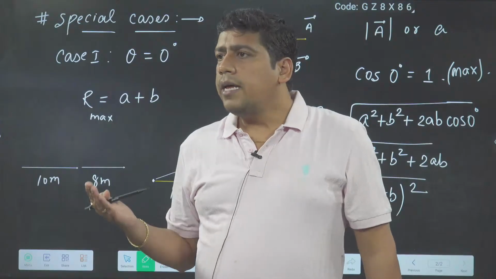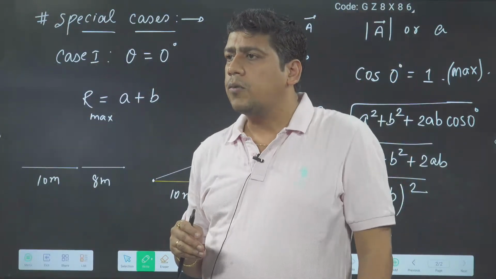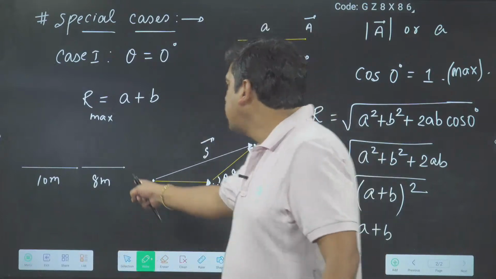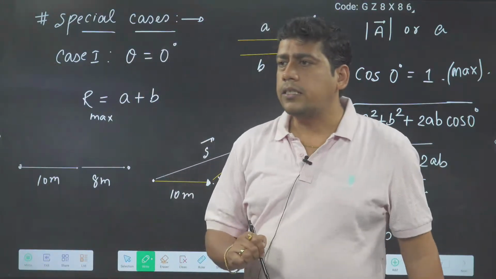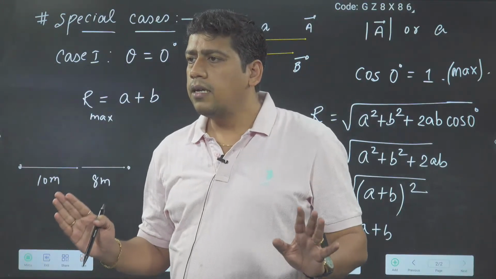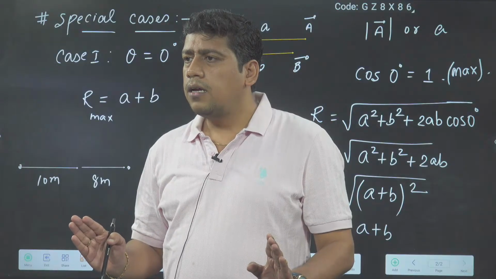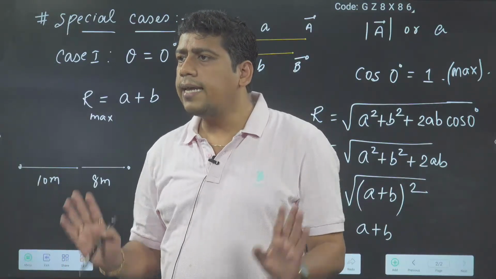I hope in this case you are not going to apply the under root formula with cos theta. I hope you understand my point. What is the displacement in this case? Just tell me first. Are we on the same page? 18, correct?